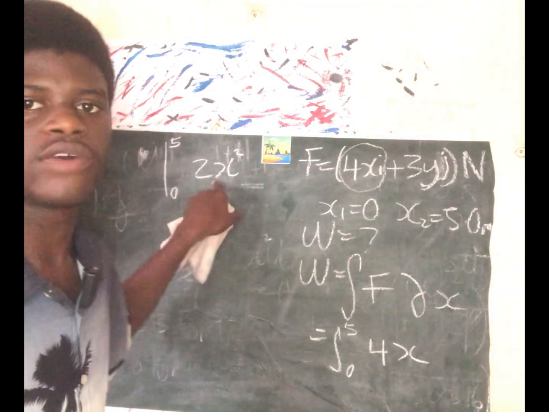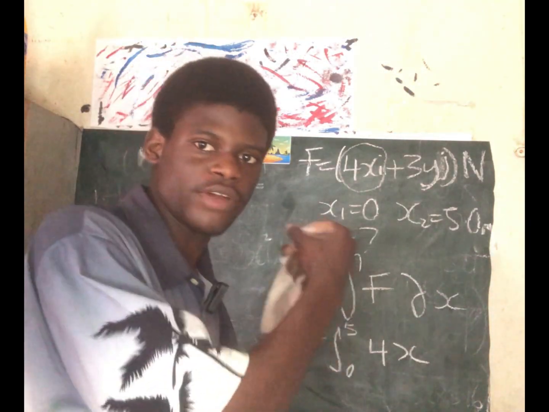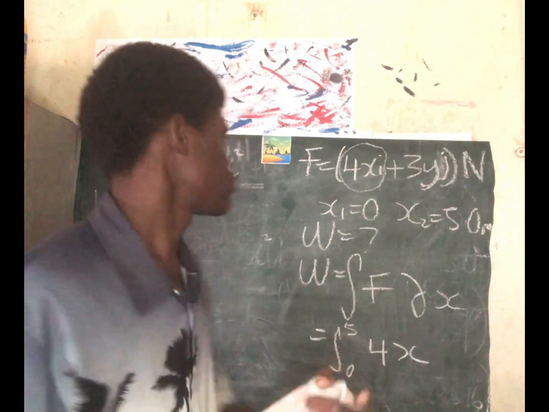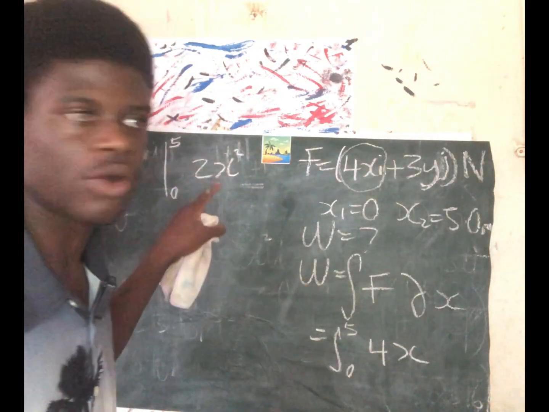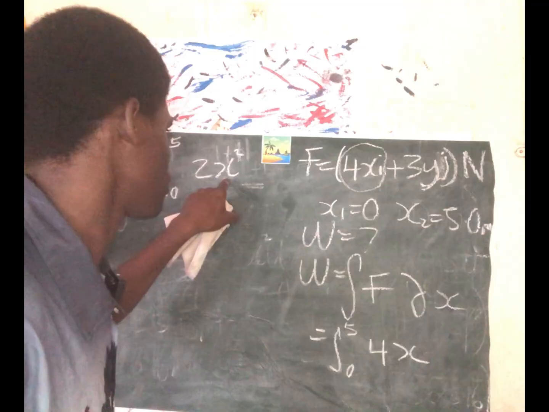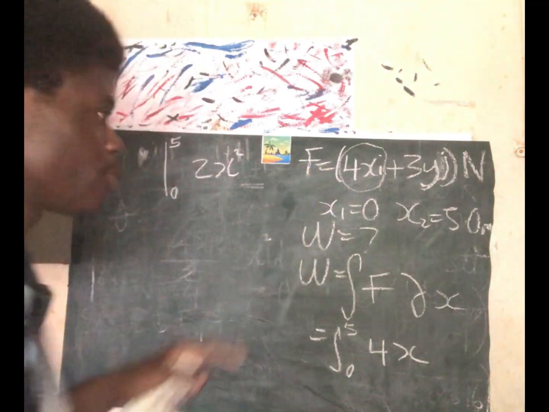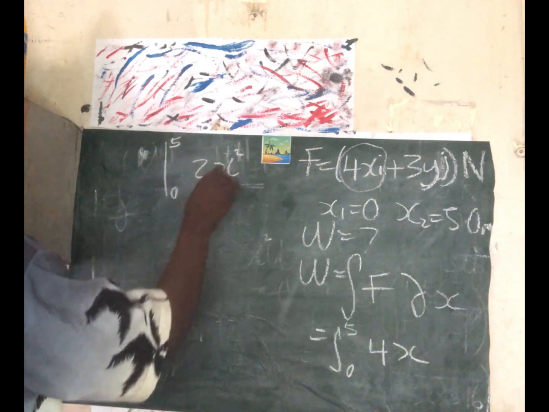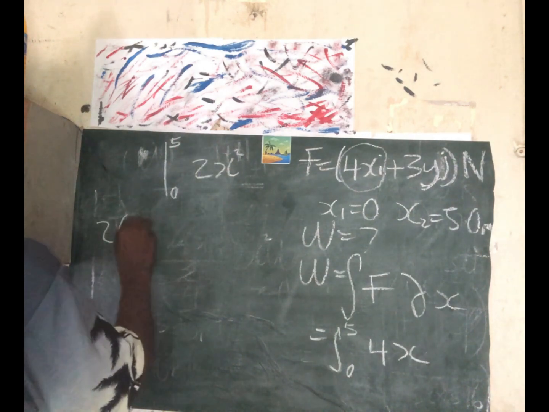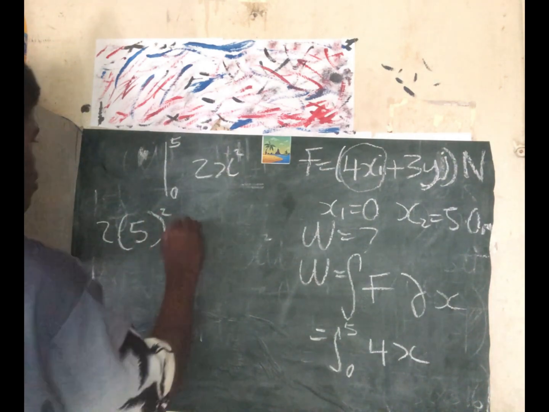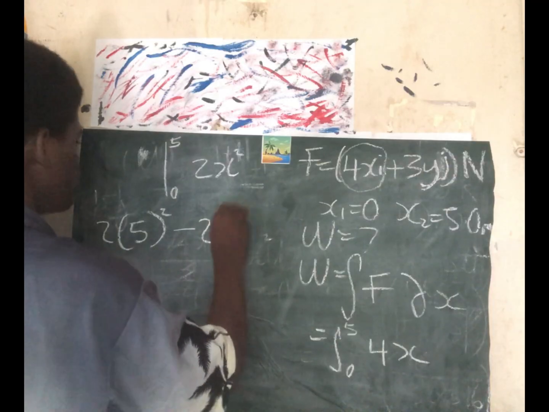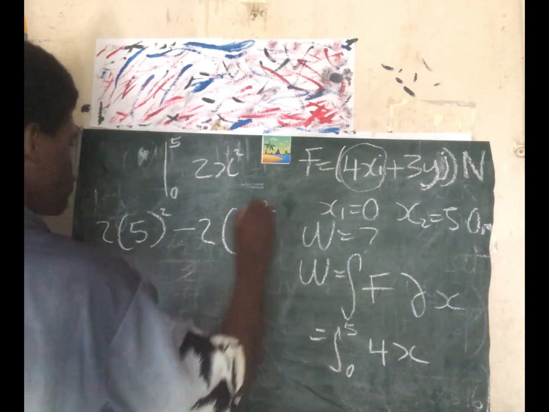So we do final minus initial: we input 5 into this equation, minus input 0 into this equation. So we first input 5. That will be 2 bracket 5 squared minus 2 bracket 0 squared.